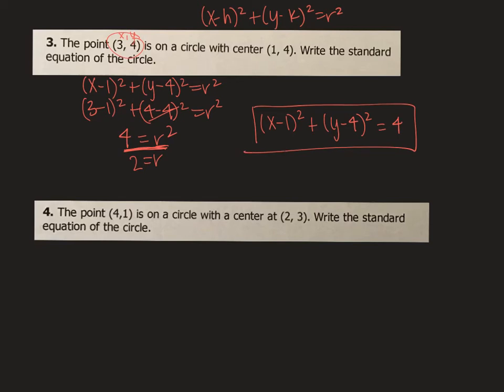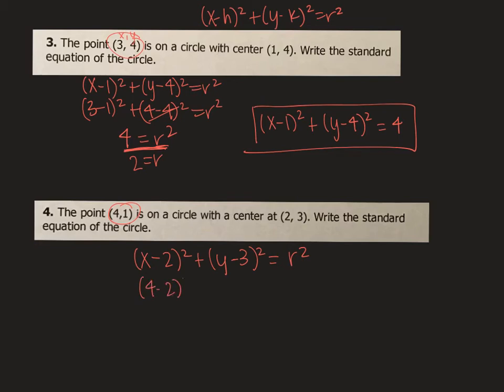So we're doing the same thing for number 4. The point (4, 1) is on a circle with a center at (2, 3). Write the standard equation. So (x minus 2) squared plus (y minus 3) squared equals r squared. We're going to plug in (4, 1) for x and y.